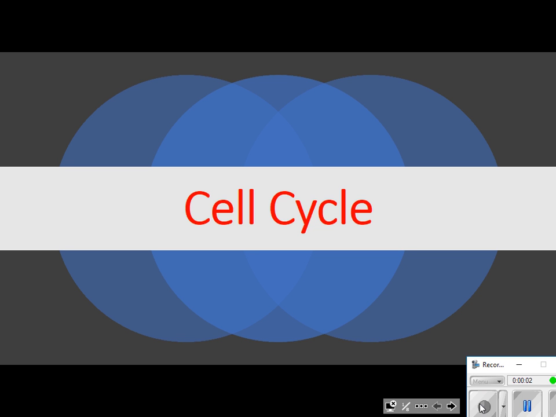Okay, today we're going to start our discussion about the cell cycle. One of our objectives is to be able to name parts of the cell cycle. You're going to hear about terms such as G1, meaning gap 1, G2, gap 2, and synthesis, the S phase.